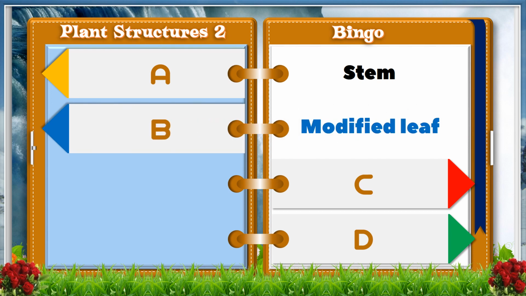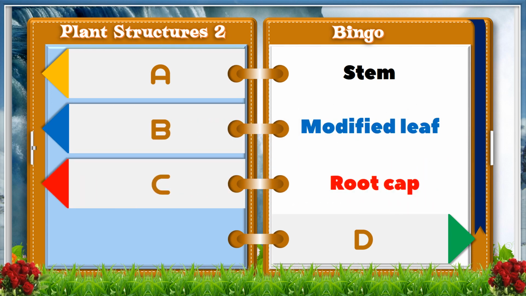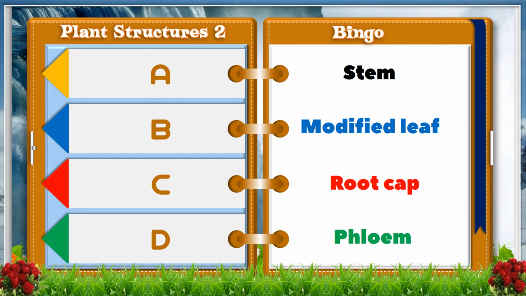B. Modified leaf. C. Root cap. D. Phloem. And the answer is B. Modified leaf.